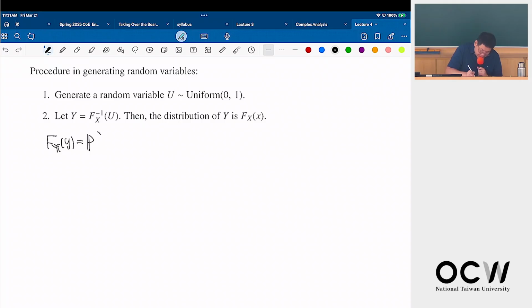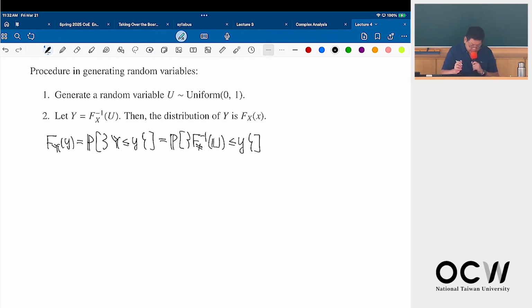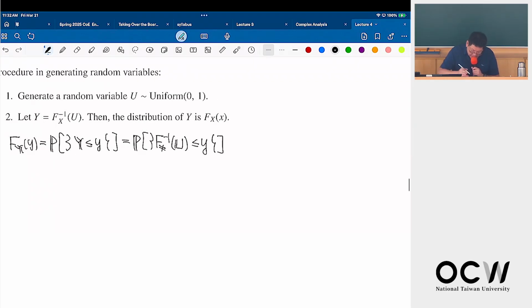That is the probability of your y less than or equal to y, which is the probability of your inverse CDF of x of u less than y. And here is the u random variable, u less than or equal to the CDF of x of y.